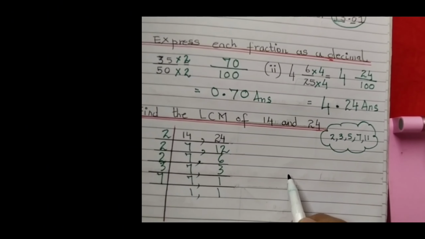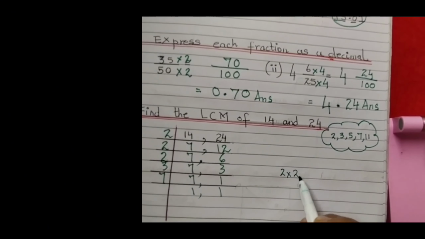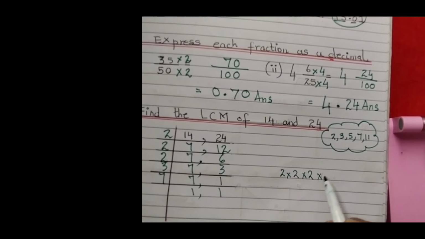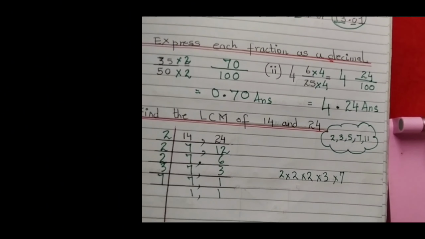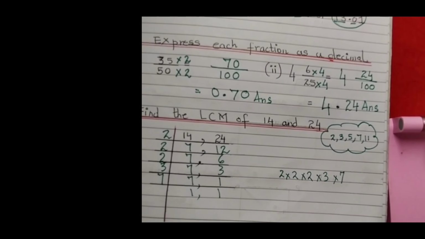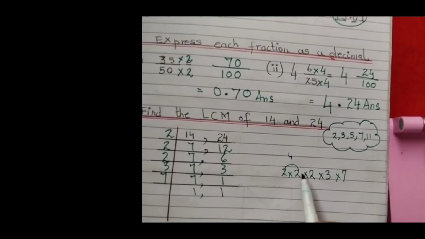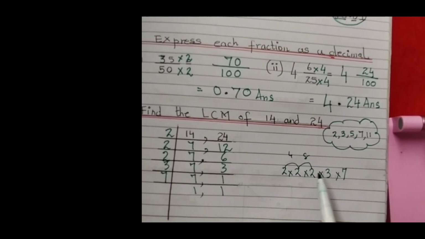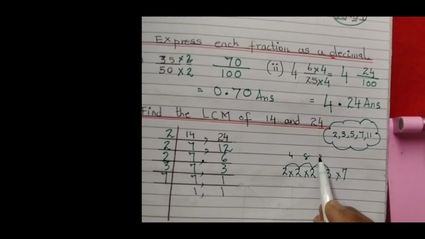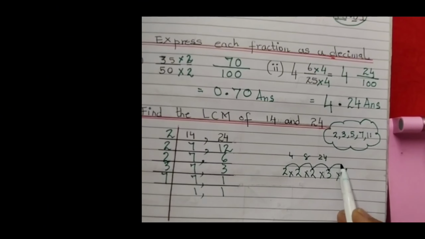So how many 2's do I see here? 2, multiply by 2, multiply by 2, multiply by 3, and multiply it by 7. Okay? You have to be very, very careful when you multiply the figures here. 2 2's are 4, 4 2's are 8, 8 3's are 24. But 24 7's are, I think it's a bigger figure.